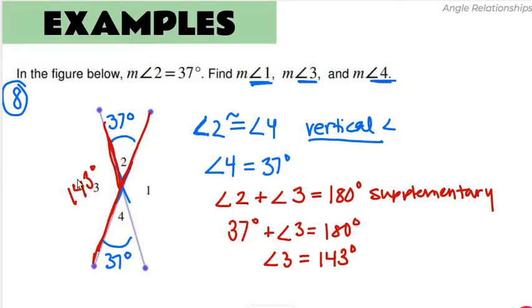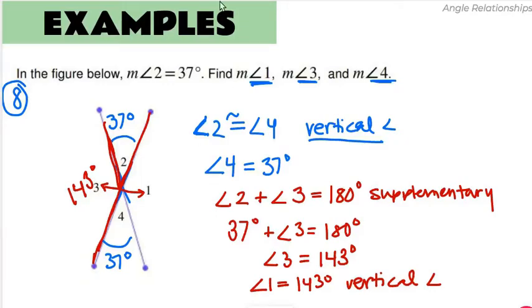Now, if angle 3 equals 143, guess what angle 1 equals? 143 degrees. And I know that because of vertical angles. I know if they're the opposite, they're going to equal each other.